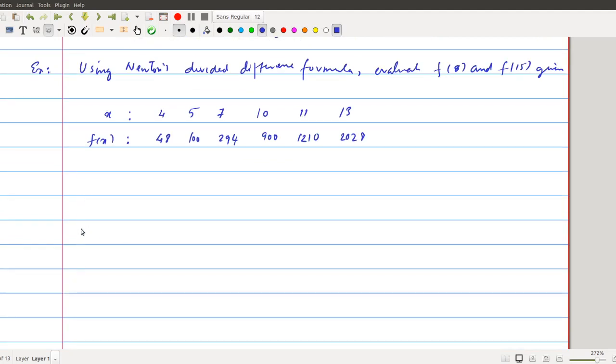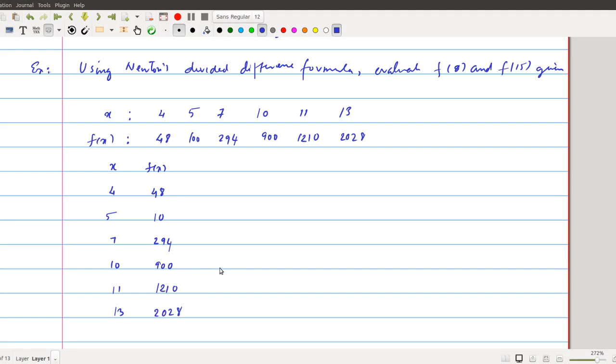Now we start the table, that is 4, 5, 7, 10, 11, 13. These are the x values here, and this is f of x here, that we have 48, 100, 294, 900, 1210 and 2028.